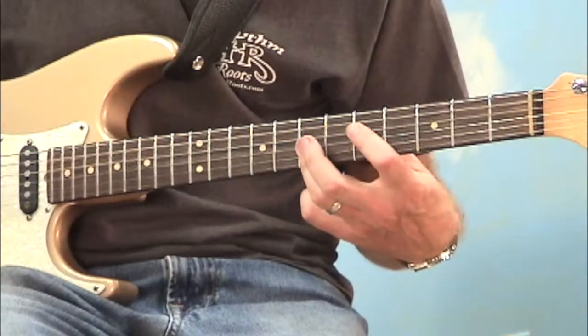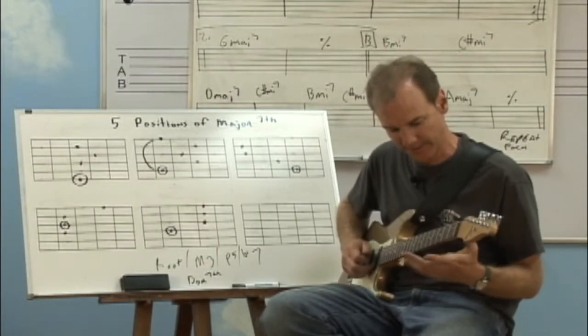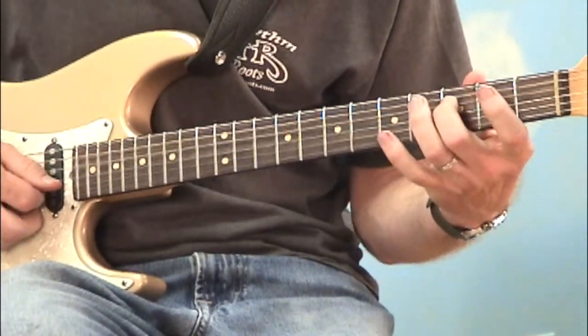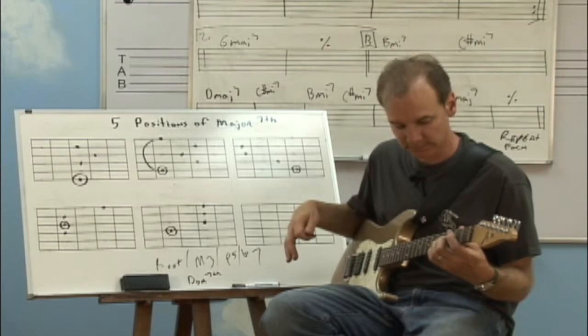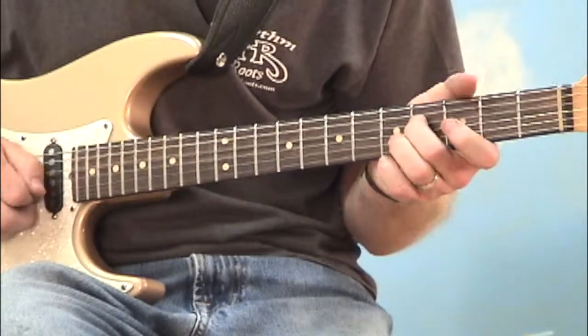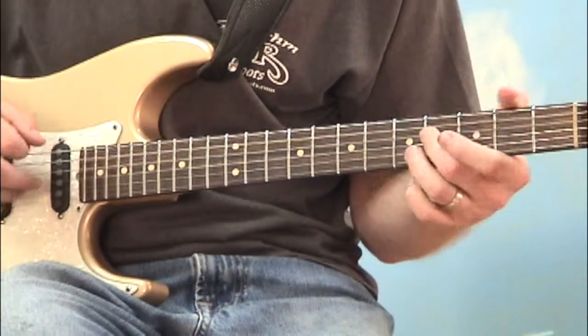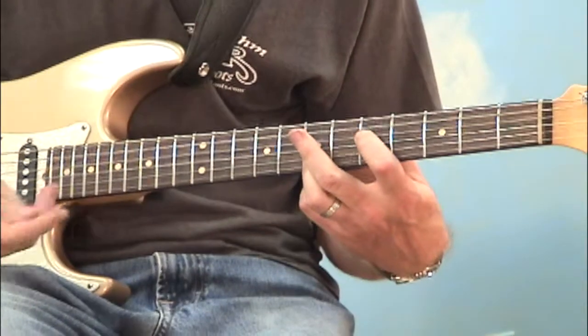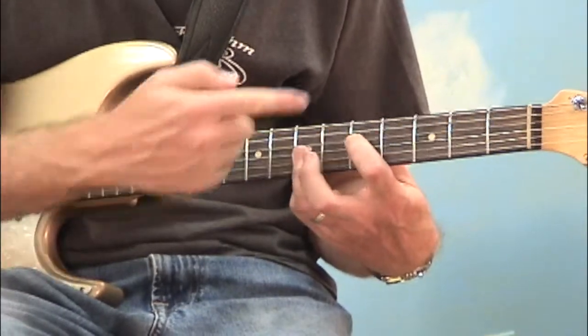Okay, the next shape that we played was right here, right? For major 7. Once again, we have to find the major 7th. And you might already have figured out that in the key of G, that would be an F sharp if it was the major 7, and it would be an F natural if it's the dominant 7. So if you look at your form here, all you have to do is look for the F sharp and make it F natural.